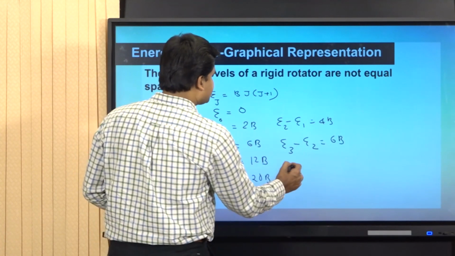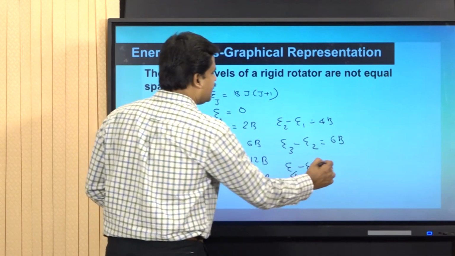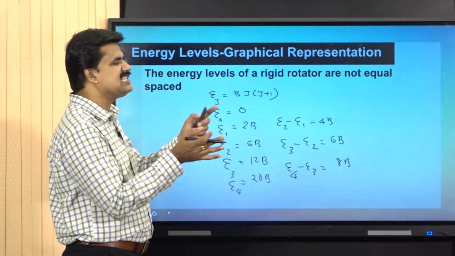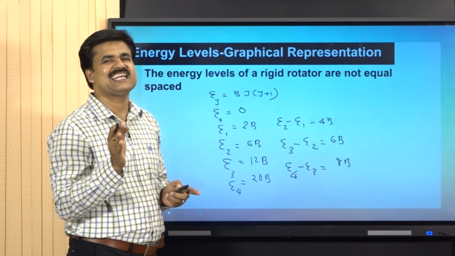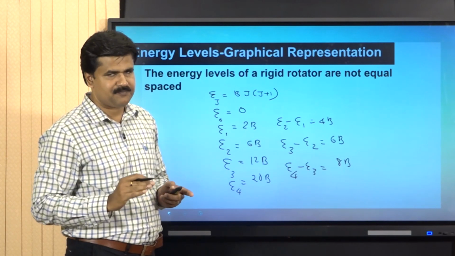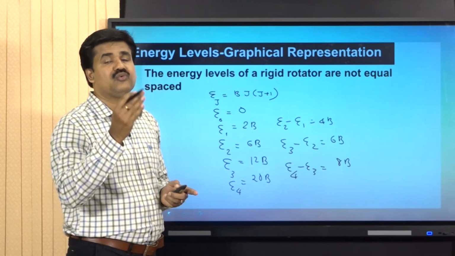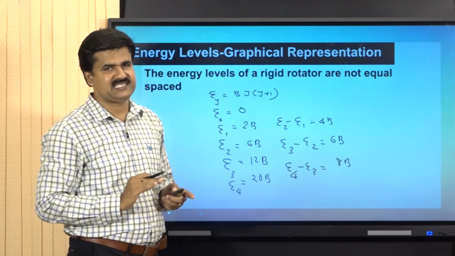Epsilon 4 minus epsilon 3, that is 20 minus 12, is equal to 8B. So, it is clear that the spacing between two adjacent rotational energy levels is not the same. This implies that the energy levels of a rigid rotator are not equispaced.